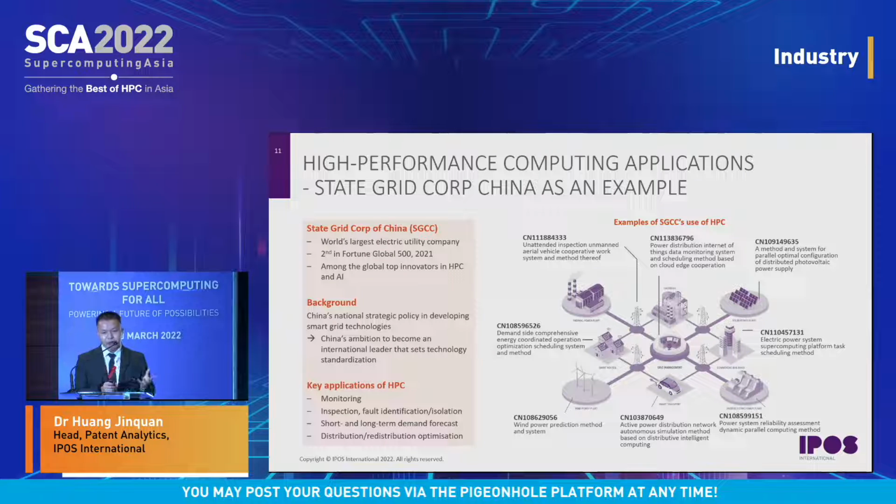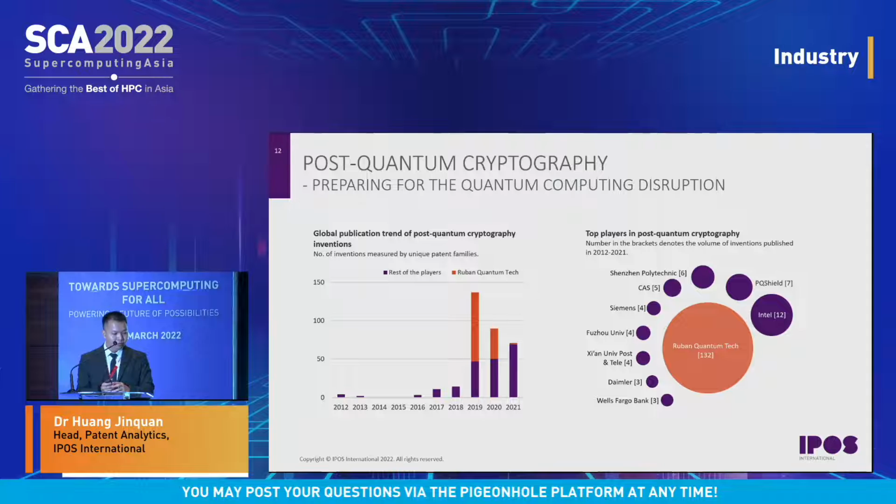And another area of major use of HPC is to optimize the energy distribution and redistribution, especially in view of the fact that renewable energies are increasingly used as part of the grid. So we have seen a lot of solar farms and wind farms in China, and HPC in this case plays a very important role in optimizing the distribution and redistribution.